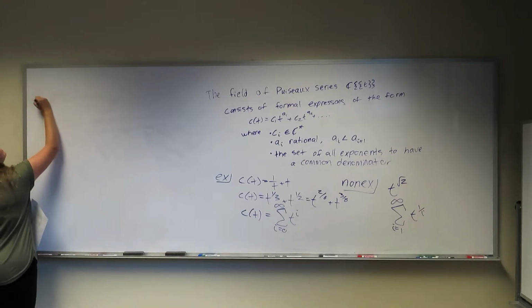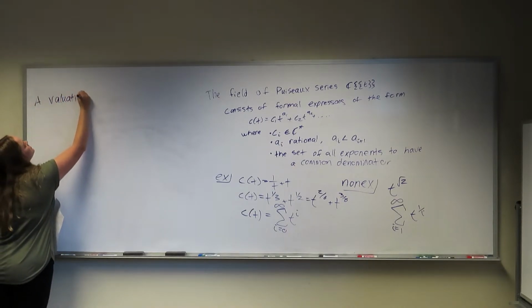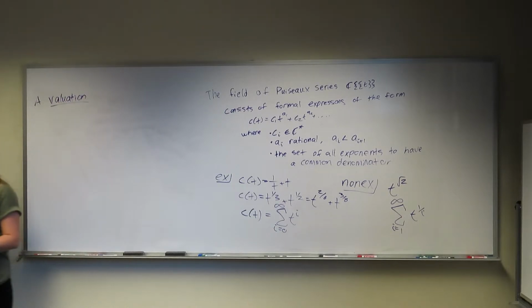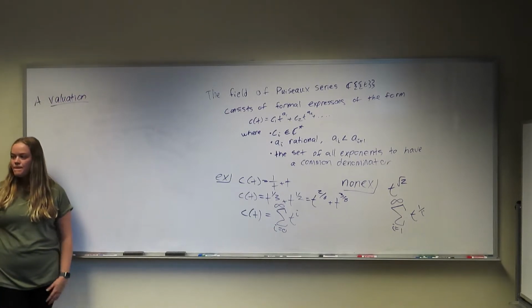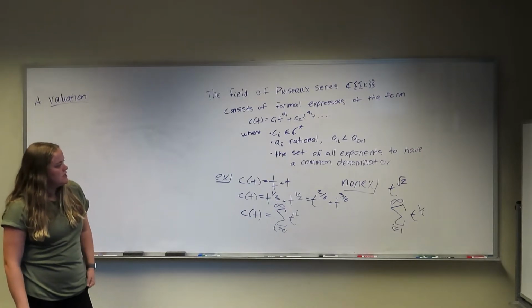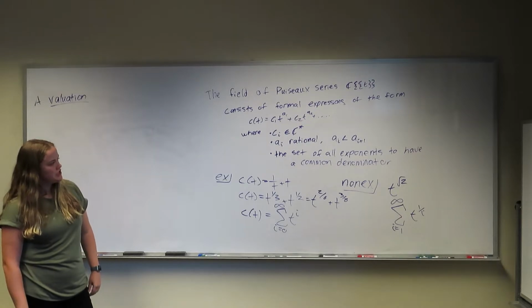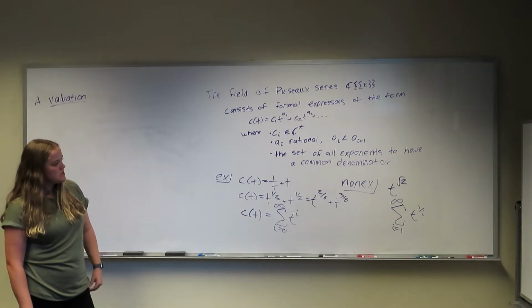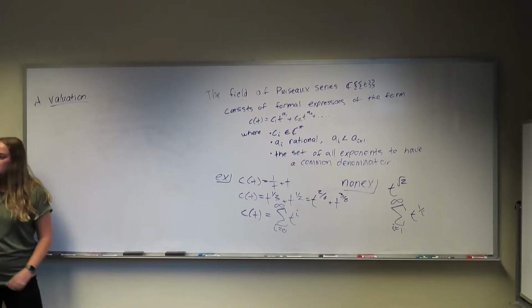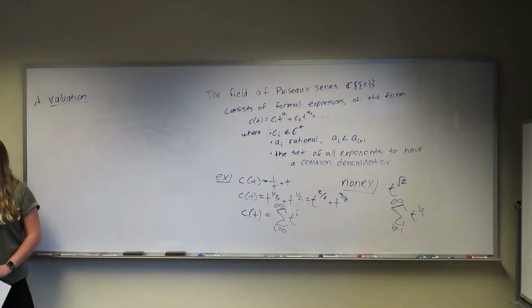So now I'm going to talk about valuations. Is this condition of a common denominator necessary in order to multiply such numbers? In order to get a finite number of contributions to any one exponent, is that the purpose of this?